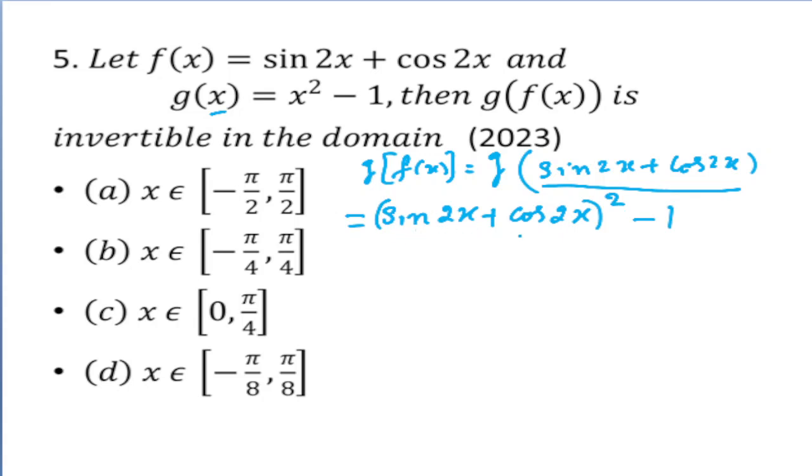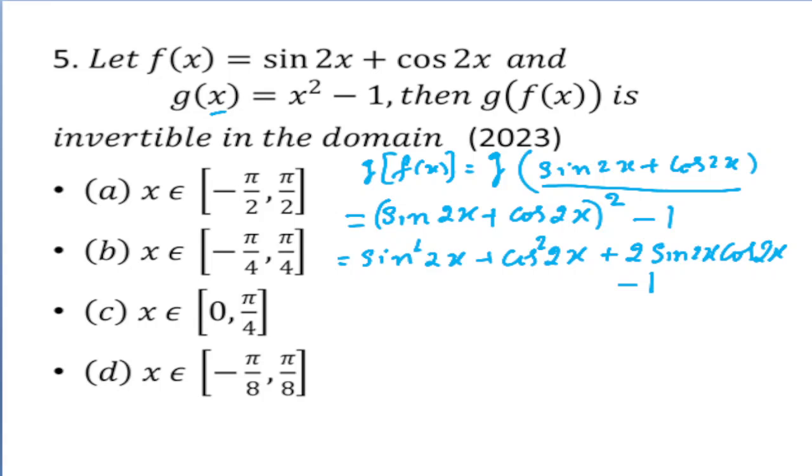Now it is very simple, it is in the form of a plus b whole square. We can write this as sine square 2x plus cos square 2x plus 2 sine 2x into cos 2x, and we have minus 1.